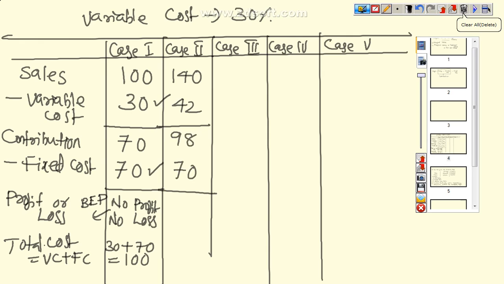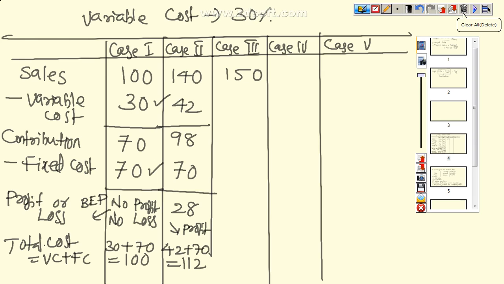Here I am getting a profit of 28. So this is my profit. Here total cost is equal to 42 plus 70, that is equal to 112.